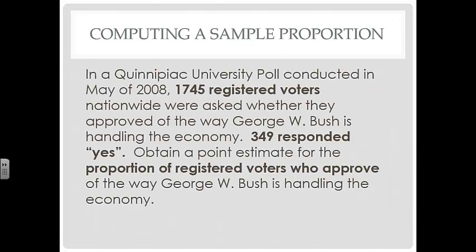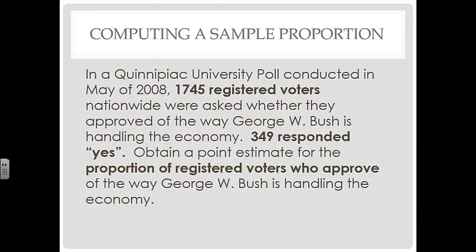So let's compute a sample proportion. We have 1,745 registered voters that were asked if they approved of the way George W. Bush was handling the economy. 349 of the voters responded with a yes.